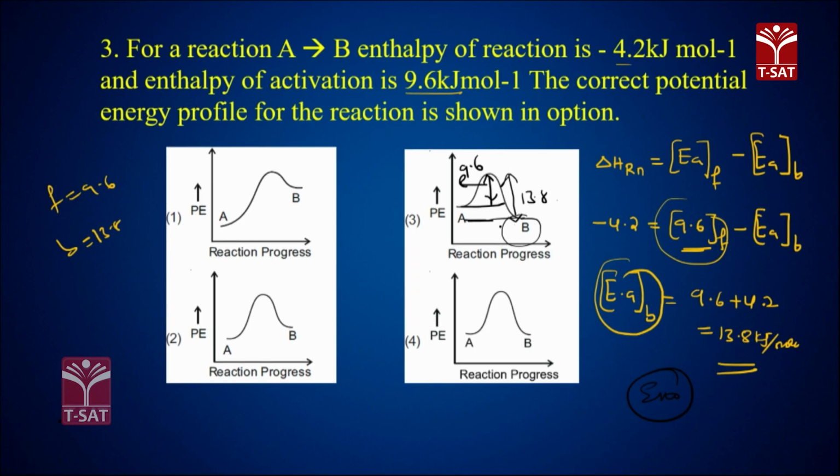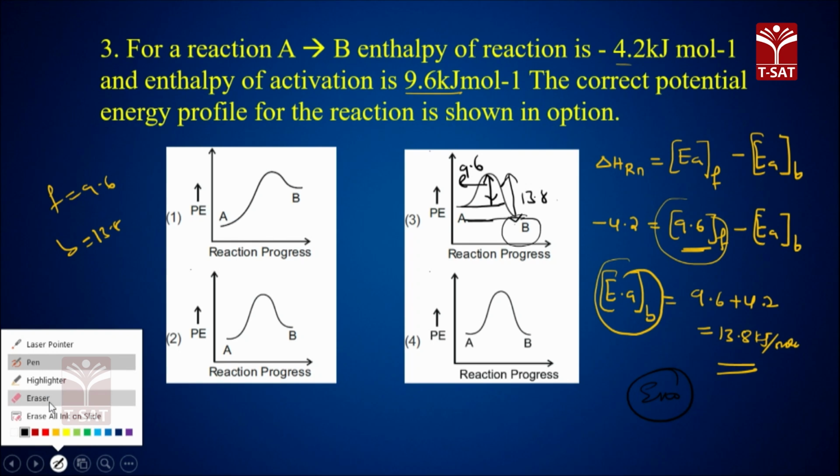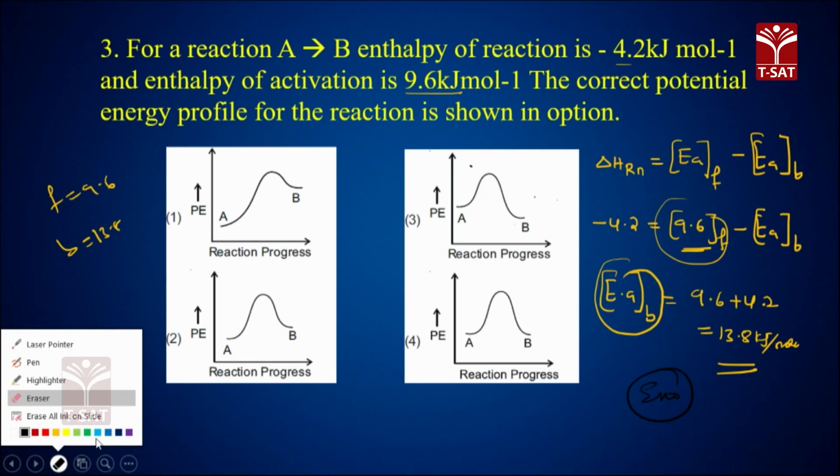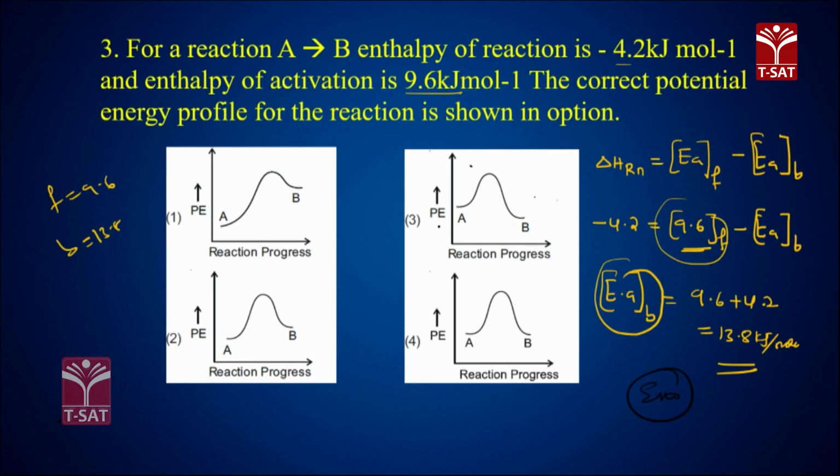You can see here the enthalpy of products B is lesser than A, so it is an exothermic reaction, and the activation energy of the backward reaction is more. We will write this as 13.8 and this one is 9.6, as given. Option 3 is the correct answer for this question.